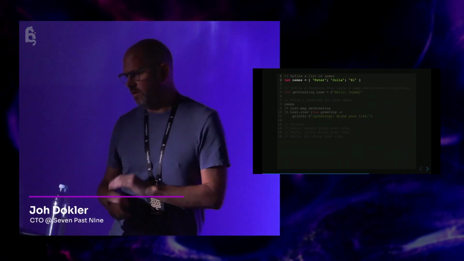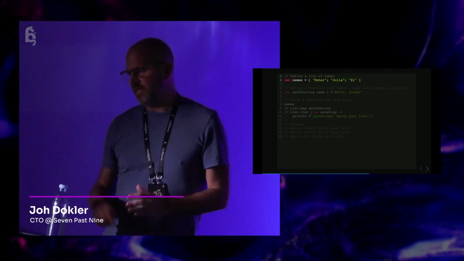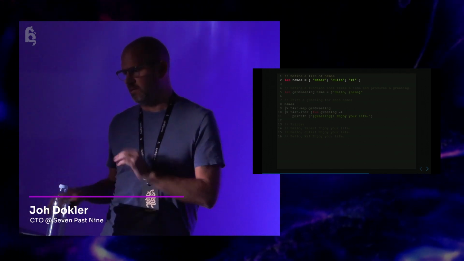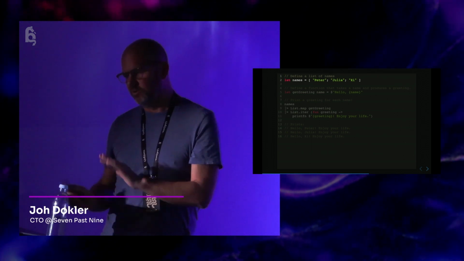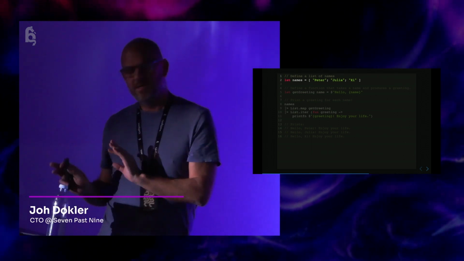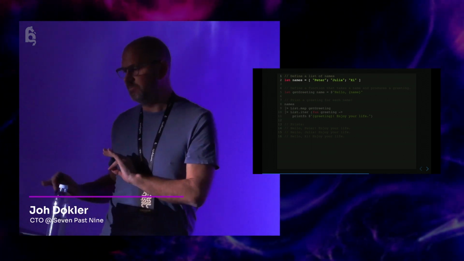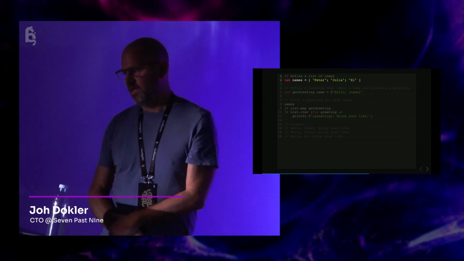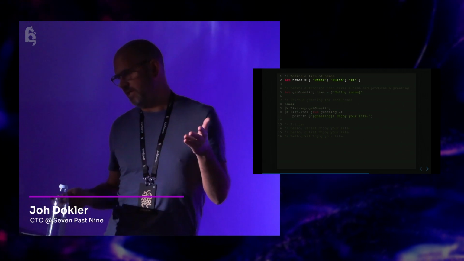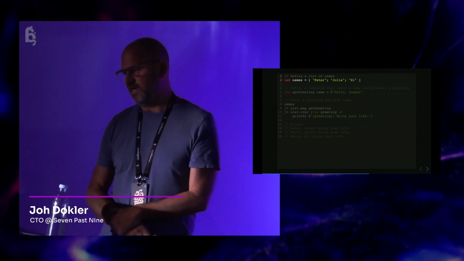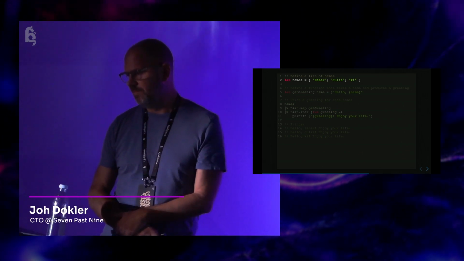Basically what we'll do here is create a list of names, and then we'll do something with it. First, we have this definition, let names, and we have 3 names. As I mentioned, let in this case defines names as immutable.